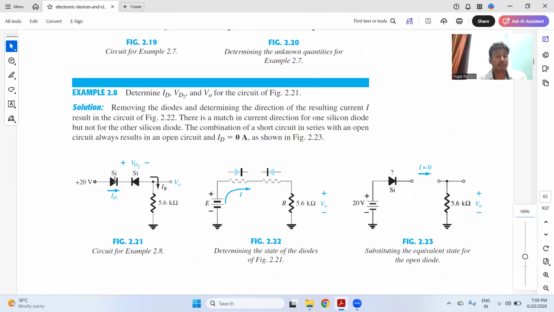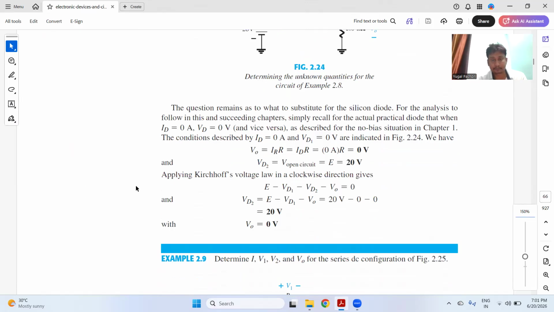So if they are connected in forward bias, the total drop will be 1 volt. But these two are connected in opposite polarity, so one is off and the other is on. Depending upon the configuration or the connection in the circuit, your circuit performs the operation according to the connection of the diode.